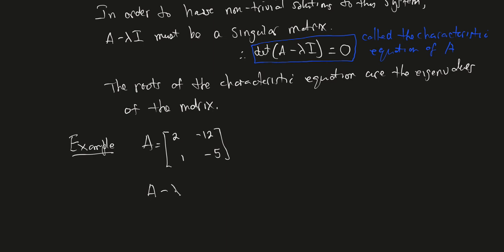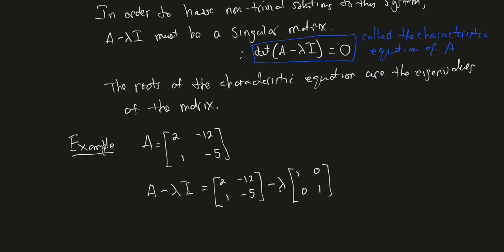So A minus lambda I, right? In this case, the identity will be the 2 by 2 identity. So here is our 2, -12, 1, -5, minus lambda, the constant that we're going to try to find, times the 2 by 2 identity, 1, 0, 0, 1. Let's do our matrix operations.